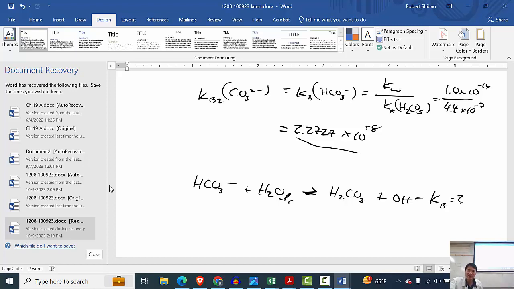And so this is the Kb, which is 2.2727 times 10 to the minus 8. Then we solve this stepwise with a nice table and see, does this step 2 perturb step 1? If it does, we've got to go simultaneous. If it doesn't, then we just leave it as the second step and then move on to step 3.